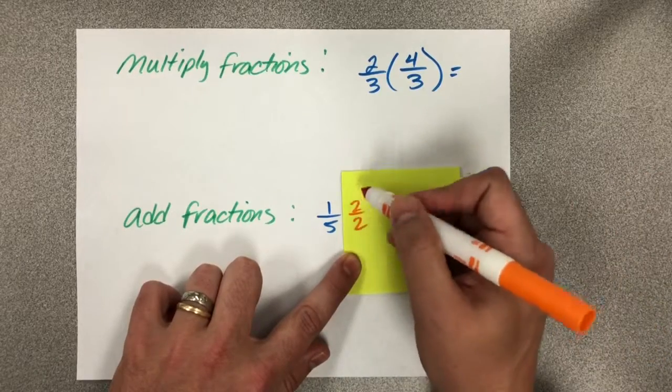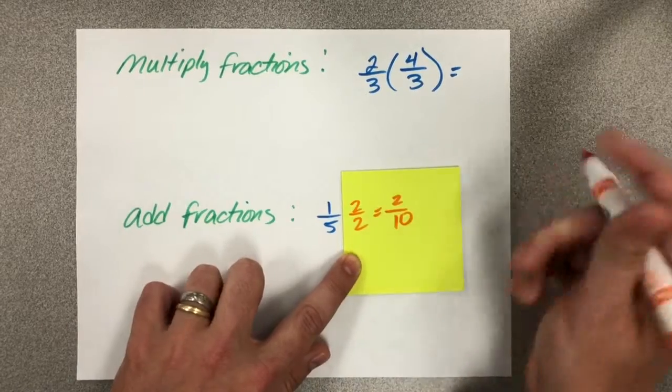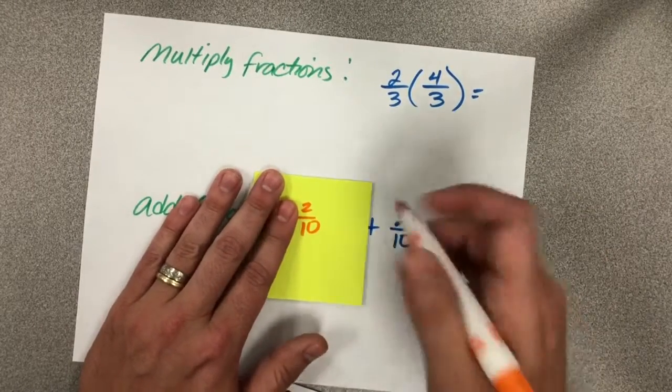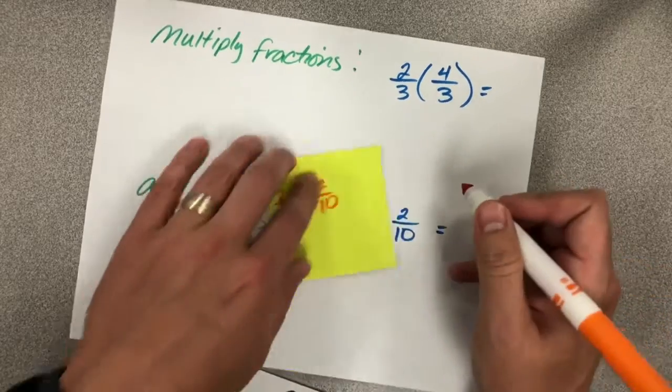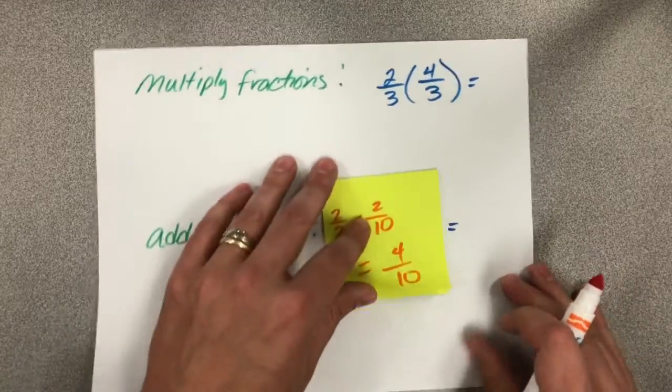If I multiply this by 2 over 2, now it becomes 2 over 10. Okay, and if you notice, 2/10 now plus 2/10, since they both have a common denominator, it makes it easy to give you a result of 4/10.